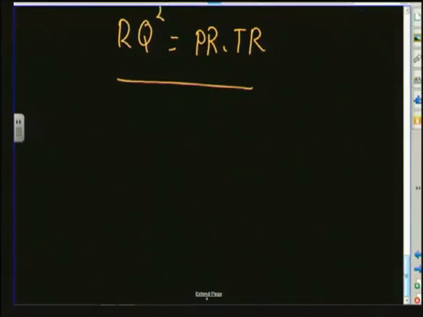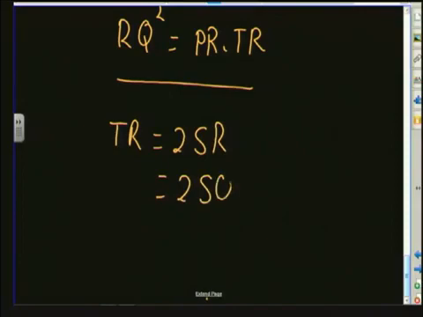So therefore, we're going to now say TR is equal to 2 times SR, which is equal to 2 times SQ. And the reason for this was SR was equal to SQ, and these were radii.